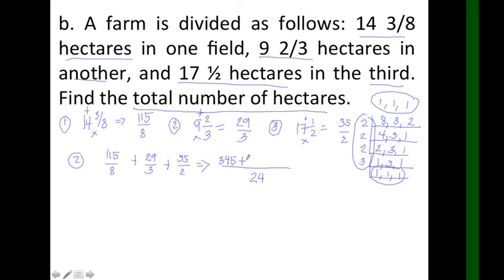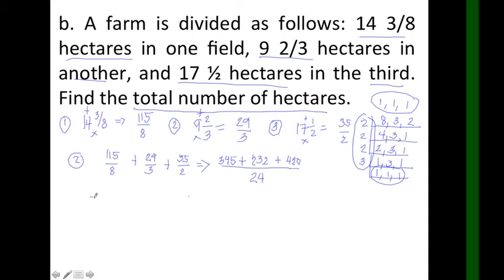So, 29 times 8 is 232. So, you have 232 plus 24 divided 2 is 12. So 35 times 12. That's 420. Okay.